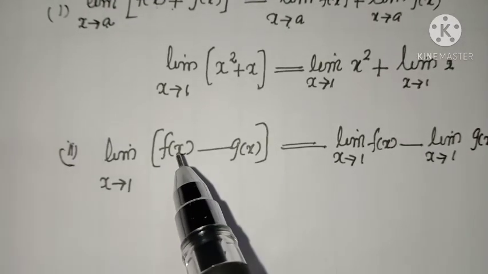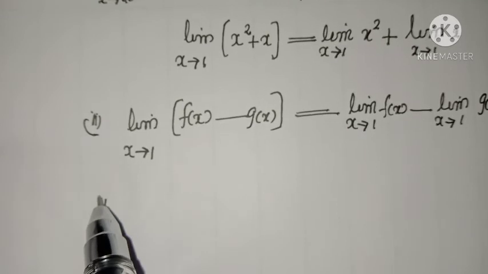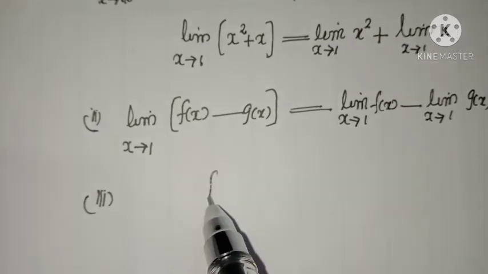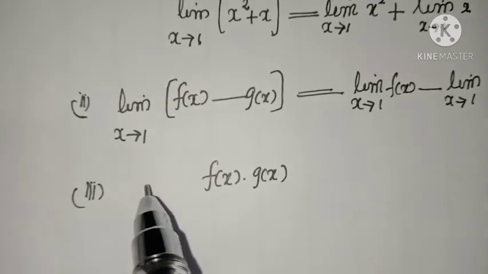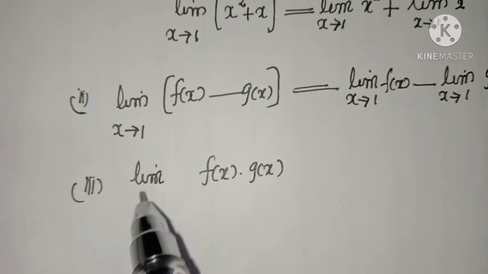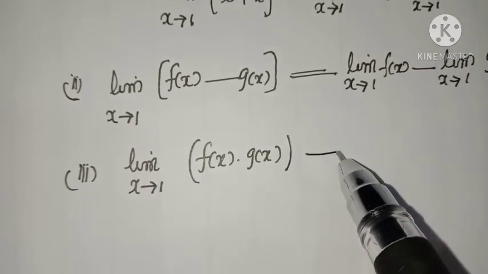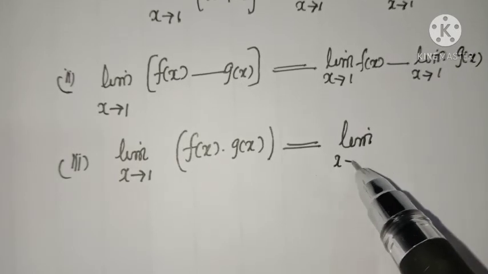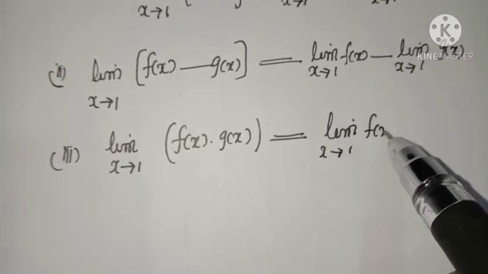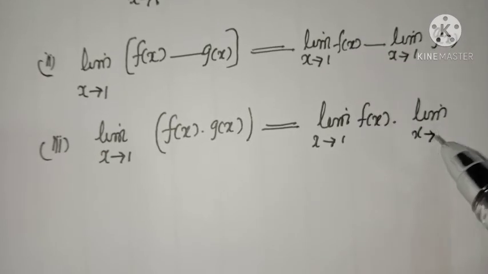Here also the limit is distributed. Now the third operation is multiplication, the product of the functions f of x into g of x. Limit x tends to 1 f of x into g of x can be written as limit x tends to 1 f of x into limit x tends to 1 g of x.